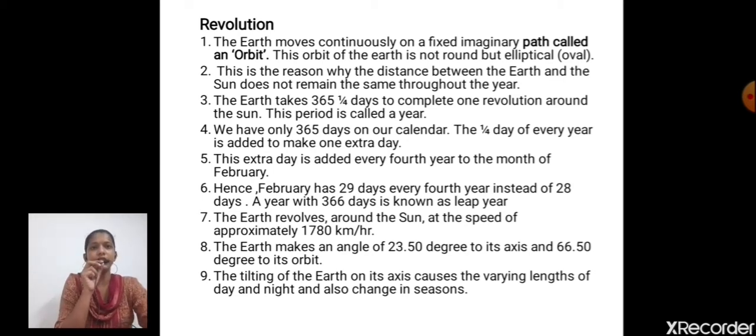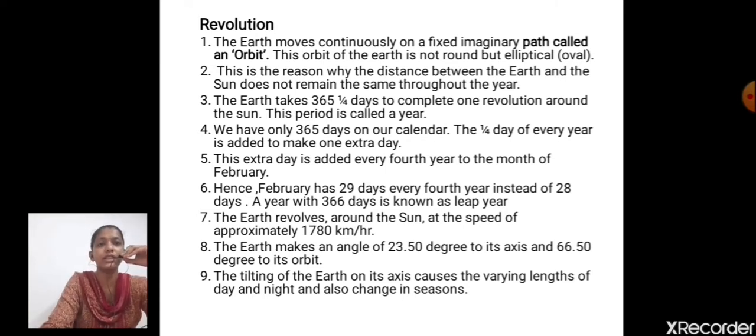The earth takes 365 and 1/4 days to complete one revolution around the sun. This period is called a year. Now in rotation it takes 24 hours, but in revolution it takes 365 and 1/4 days to complete one revolution, and this period we call a year.